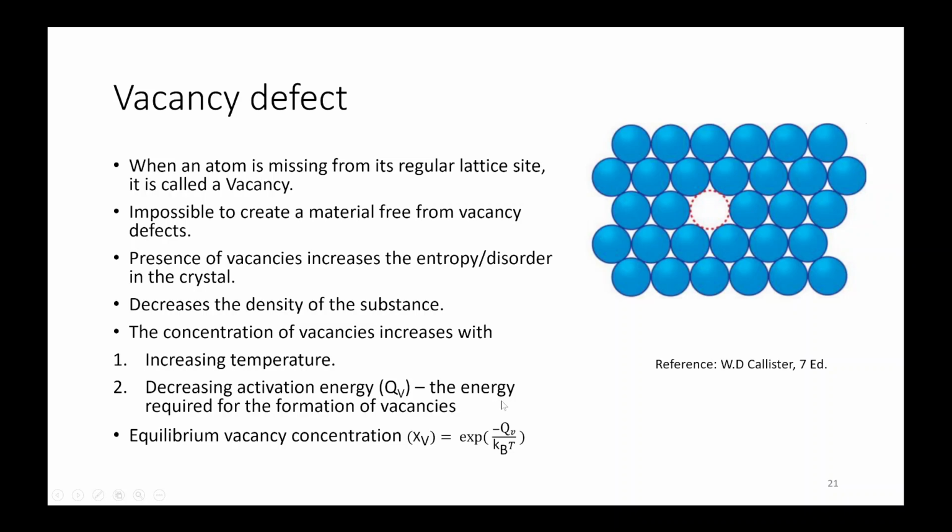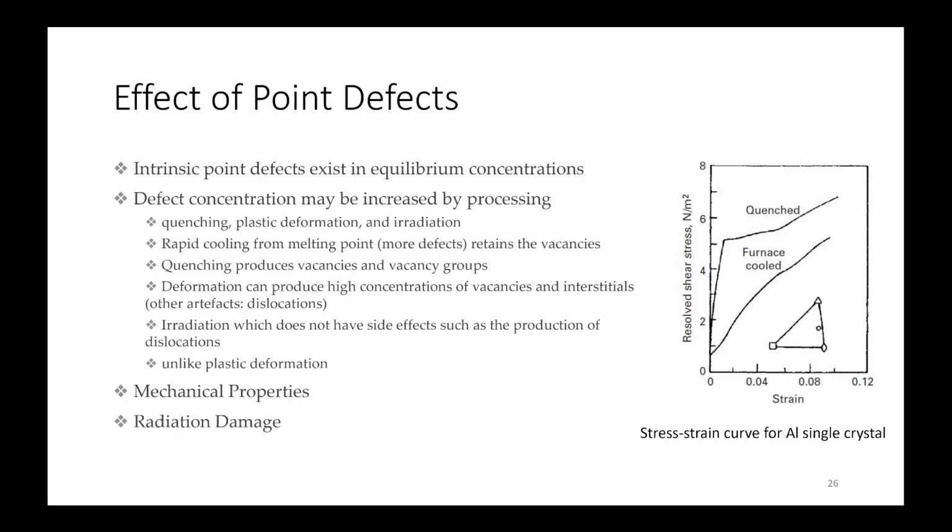Or we can plastically deform the material, which will lead to formation of vacancies as well as dislocations. We can also use irradiation, bombarding it with gamma rays or any other rays, which might lead to formation of vacancies, interstitialcies, and other types of defects.